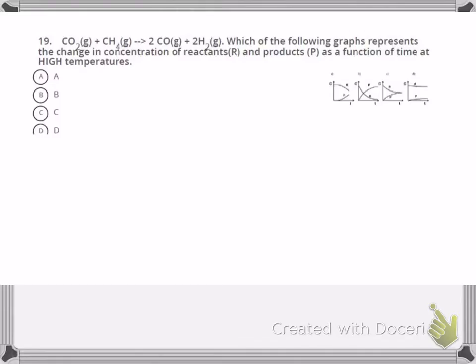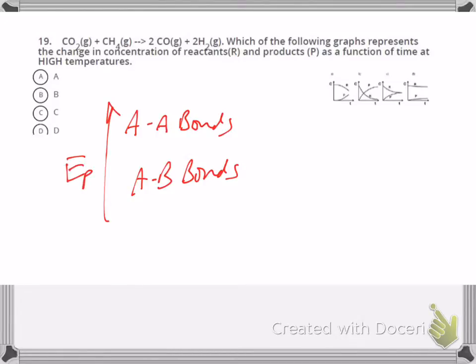Question 19, we have to evaluate the chemical reaction and determine if delta H is greater than 0 or less than 0, to find out if we have reactant or product favored. AA bonds have higher potential energy than AB bonds. We see that the products have AA bonds, so we can write the products as having higher potential energy than the reactants.